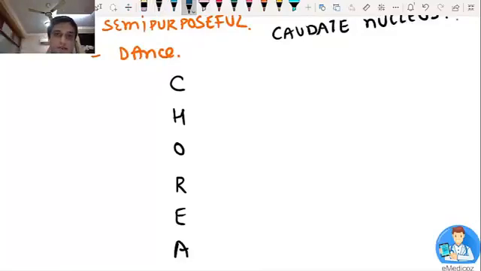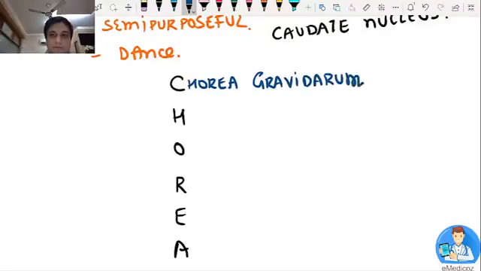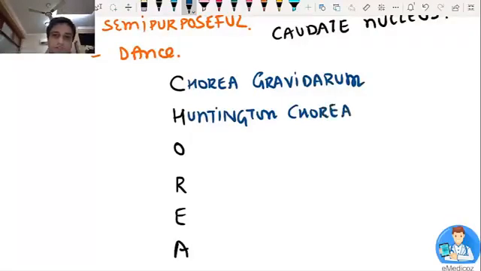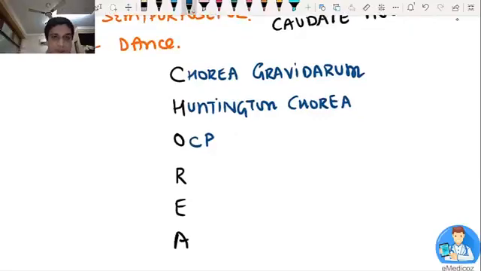C stands for chorea gravidarum. H stands for Huntington's chorea. O stands for the oral contraceptive pill, OCP. R stands for the rheumatic chorea that we know.